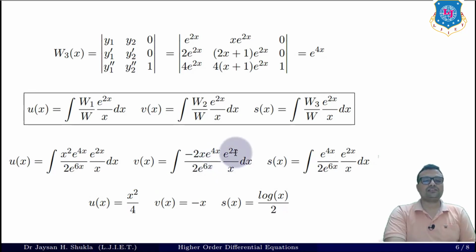Simplifying this, e raised to 6x is cancelled by this, 2 is cancelled, so we have minus 1 over minus 1, x is also cancelled, so it is minus x. Finally in s we have e raised to 4x into e raised to 2x, so e raised to 6x is cancelled, 1 upon 2x, the integration is log x by 2.